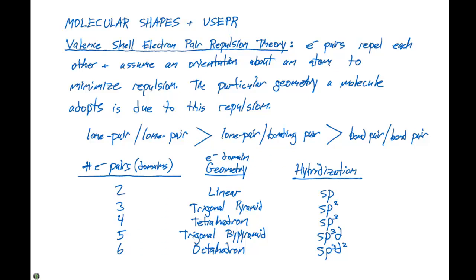So let's go back to our ammonia case, and in that ammonia case, we drew the ammonia molecule that looked something like this. In this case, we have the ammonia central atom, and there's 4 pairs of electrons around the central atom.